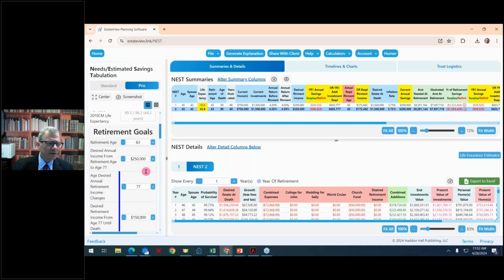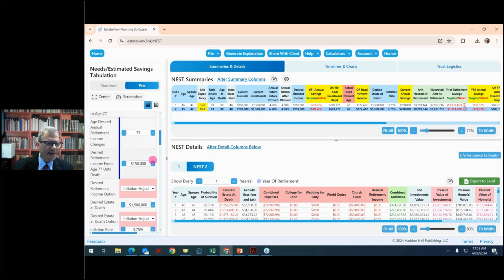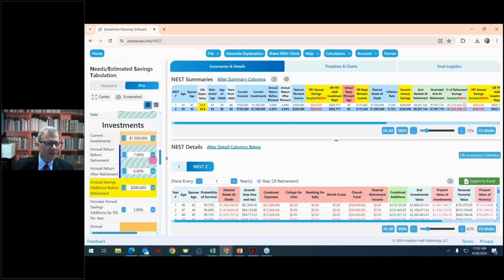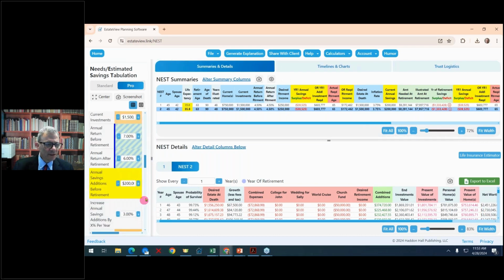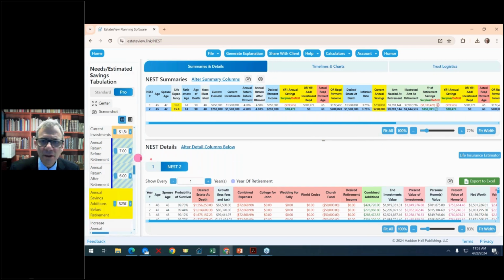I can determine what they need to crank up or down to get a fit here. For example, maybe the second spouse should get a part-time job, maybe spend a little bit less and save an extra $50,000 a year. So the difference here is the savings amount of $250,000 a year versus $200,000 a year.